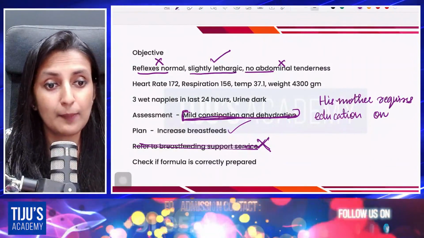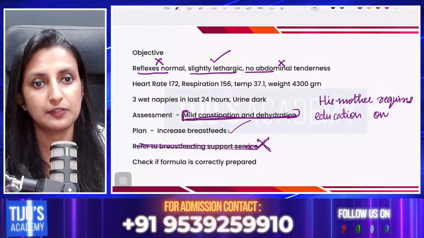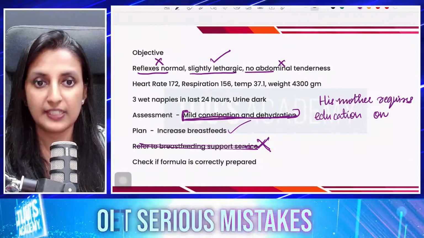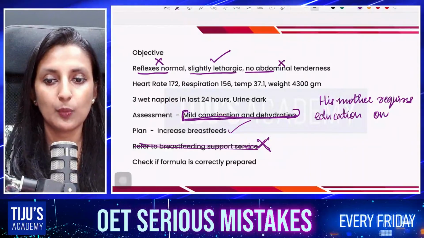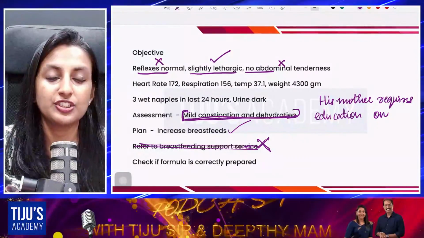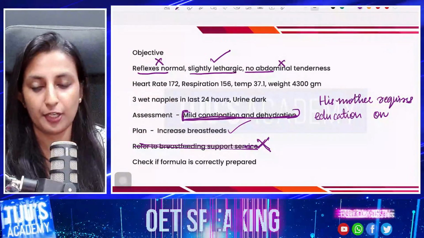Here, it's not only about formula feed preparation, but about feeding pattern as well. So we can write education on breastfeeding pattern and formula feed preparation. She requires education on both breastfeeding and formula feed preparation. So we should not write only one thing, we should write two things.